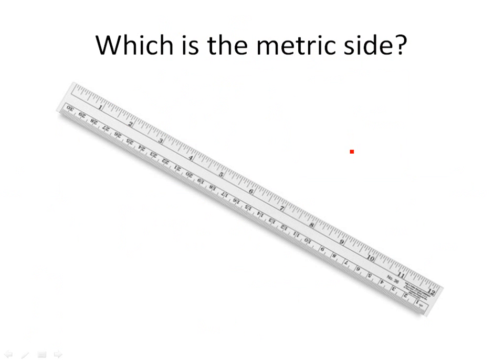Let's look at how we measure. If you want to measure length, you're going to need a metric ruler. And quite often rulers come with English and metric sides. So you have to know what's the metric side. This side right here is the metric side. Each number represents 1 centimeter on this ruler.